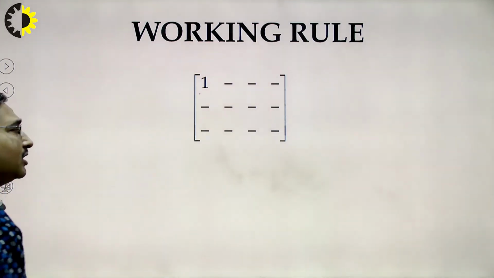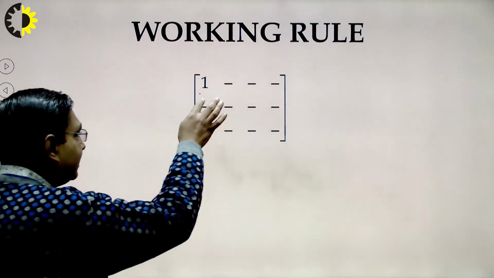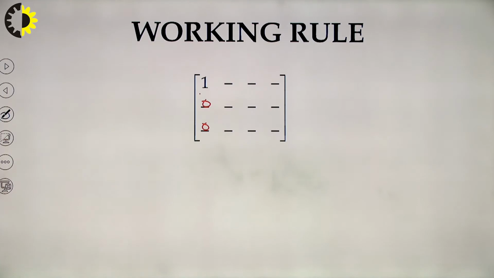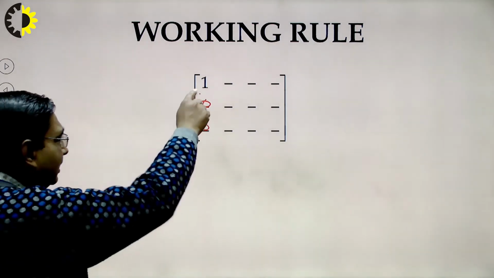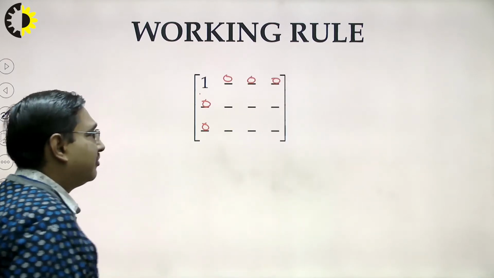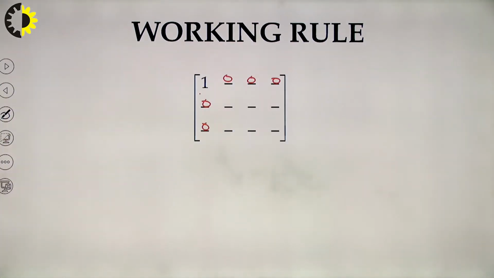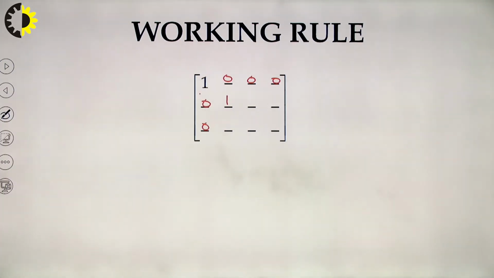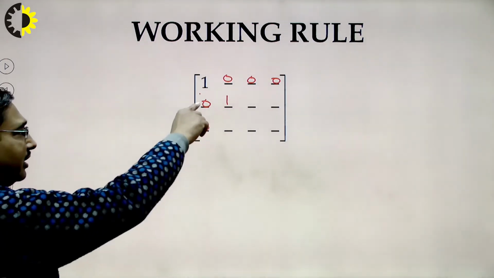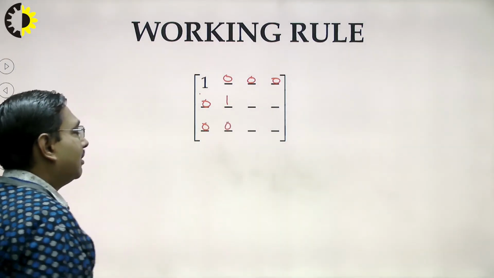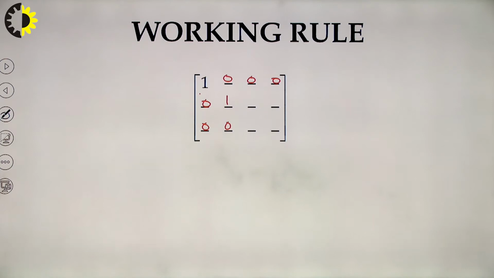With the help of this one, the elements below 1 will be converted to zeros. Then, with the help of this one, remaining elements of this first row will be converted to 0. Then, the next element of the diagonal, that is the second element of the second row, will be converted to 1, and with the help of that one, elements below that one will be converted to 0.